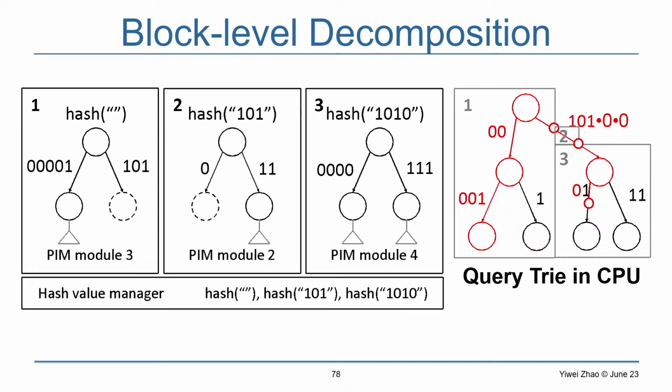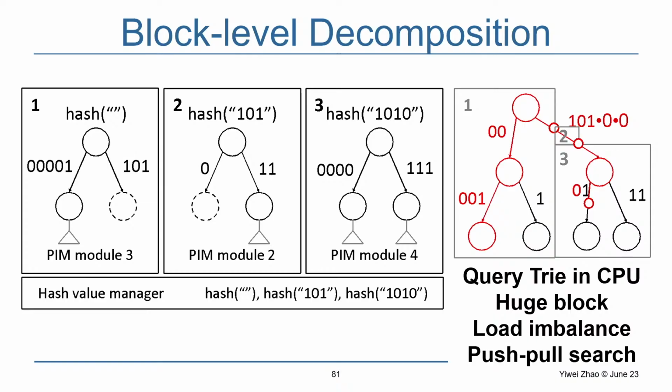But there's a problem. This block can be very large. Suppose we get many queries all starting with 0. Then everything will be in block 1. This can cause load imbalance if we just send this huge block to the PIM module of node 1. This is where we have push-pull search.